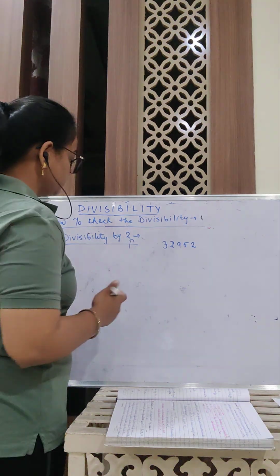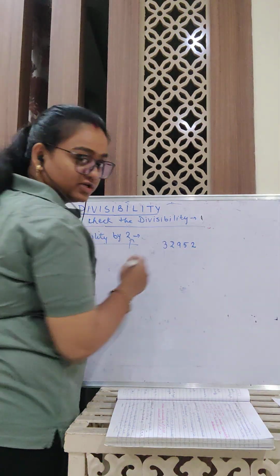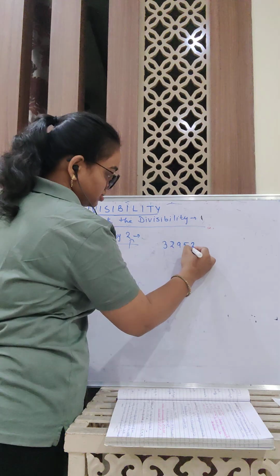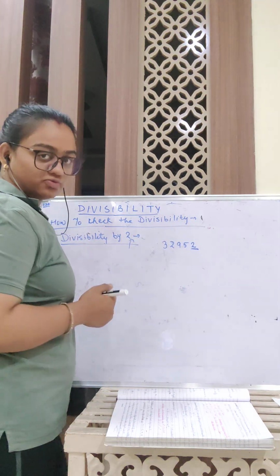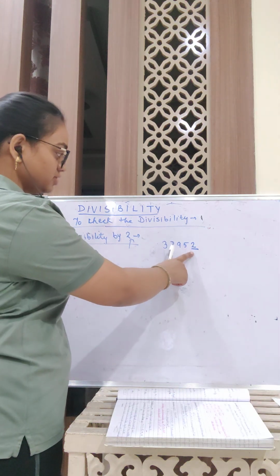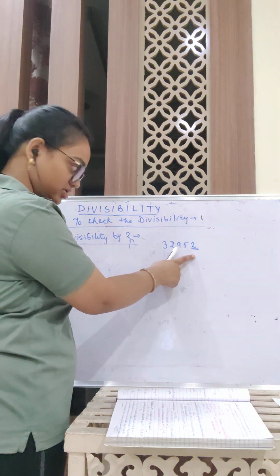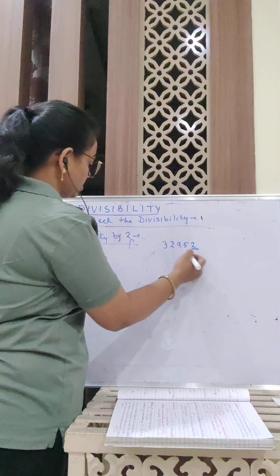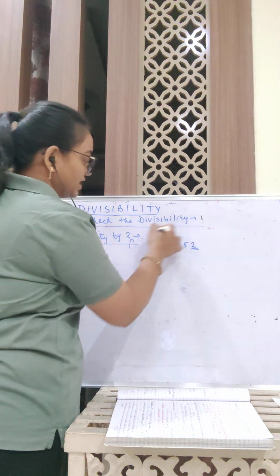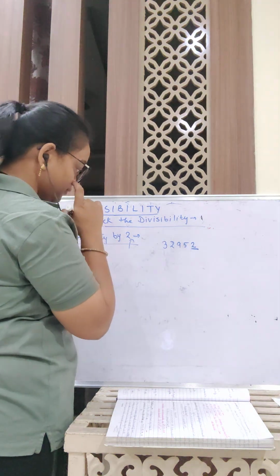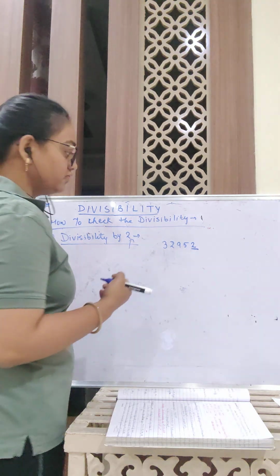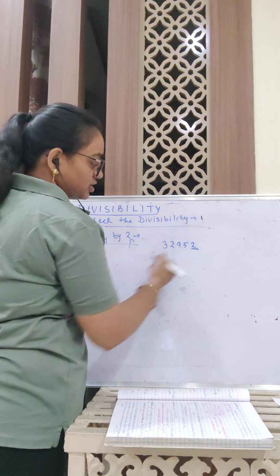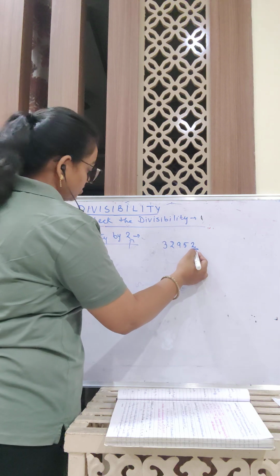What we'll do is we'll check only the unit place, the unit digit, that is 2. We have 2 as the unit digit, right? So what will we do? We'll check the divisibility of that number by 2. We'll just look at the last number.